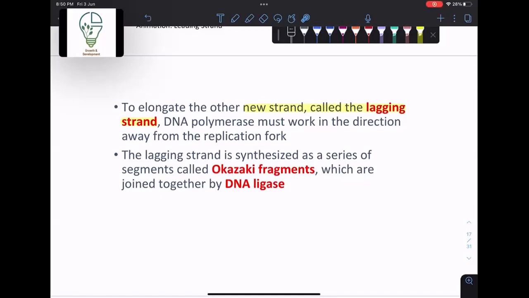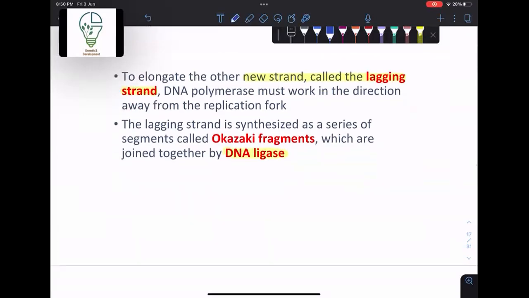The Okazaki fragments are basically a bunch of nucleotides that attach to the parental strand, and these Okazaki fragments form the new strand. And now we need something to glue these fragments together. We need something to hold the Okazaki fragments together. And what is that? The glue: DNA ligase. So DNA ligase just joins the Okazaki fragments.